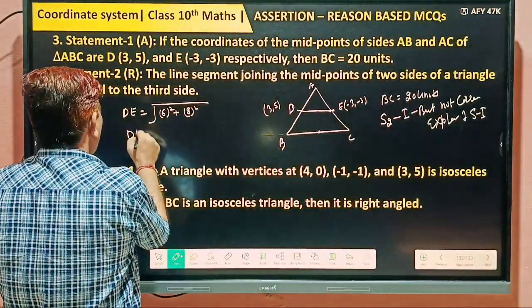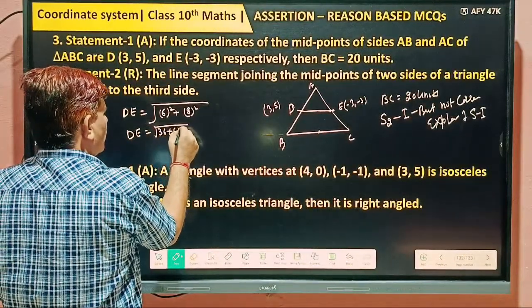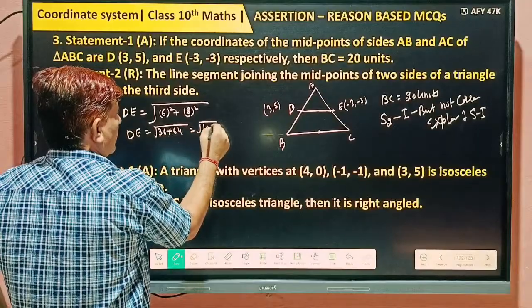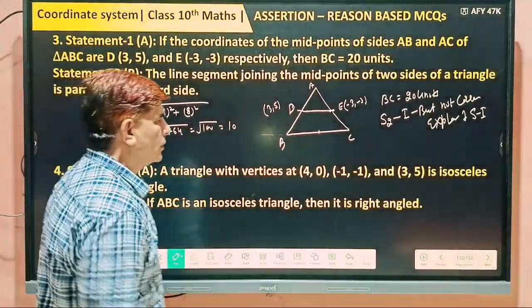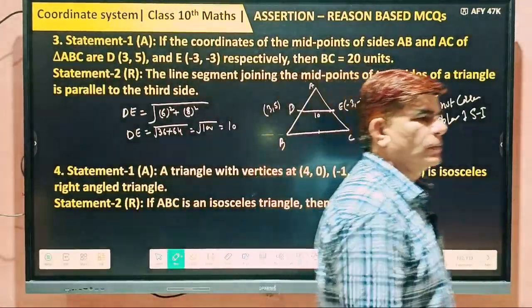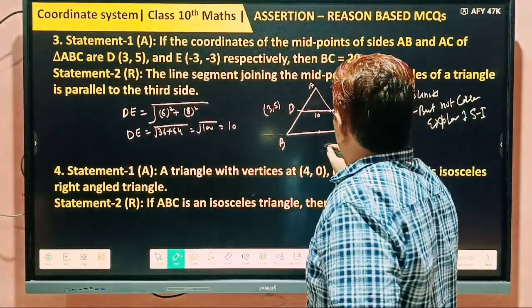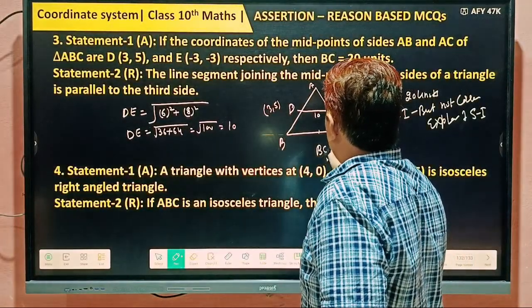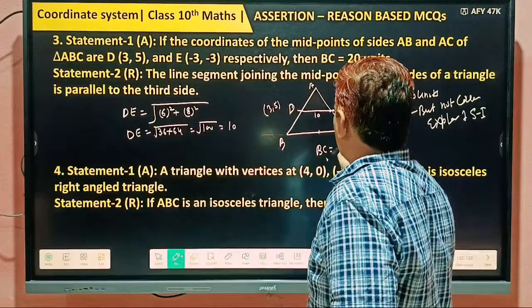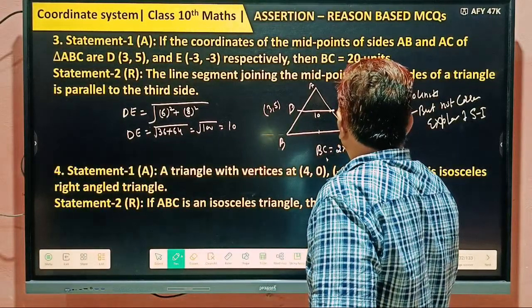So DE is equal to the root of 36 plus 64, which is equal to the root of 100, which is equal to 10. So this is 10 units. Then BC is how much? BC is twice of it, 2 into 10, which is 20 units.